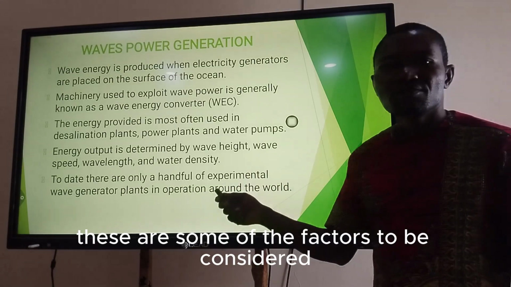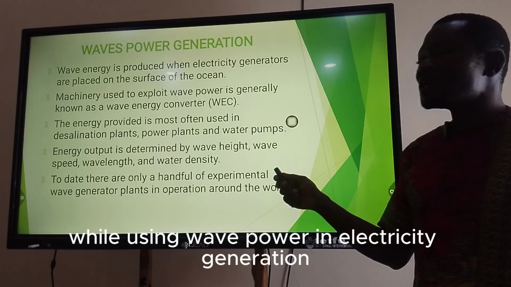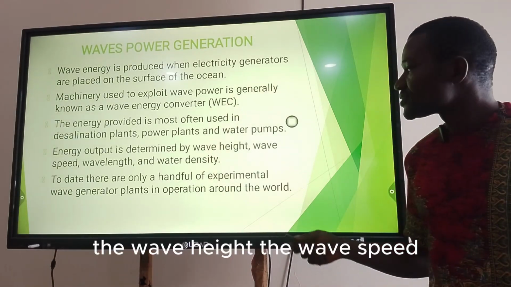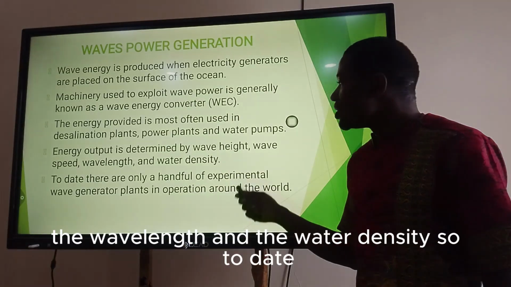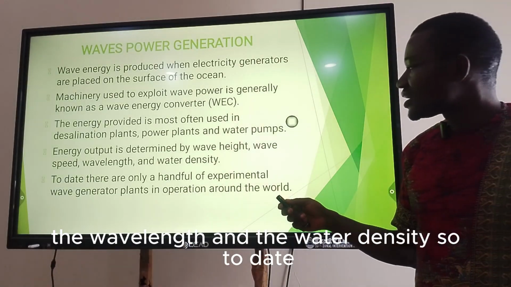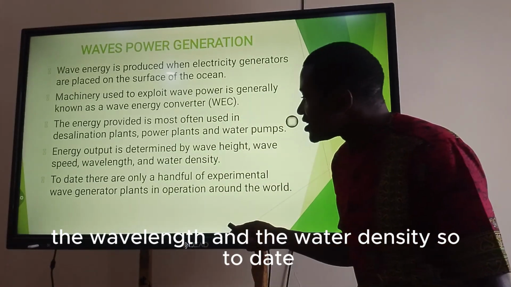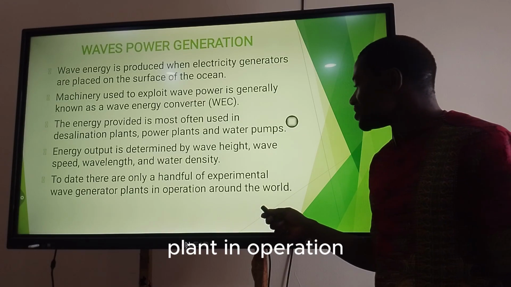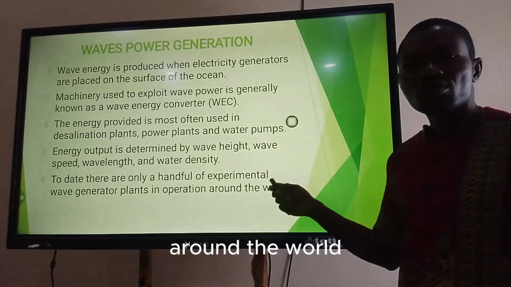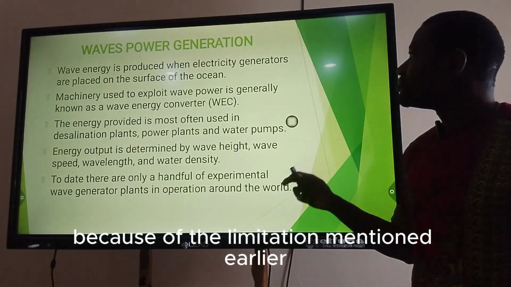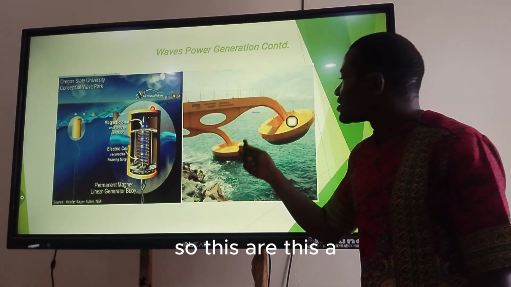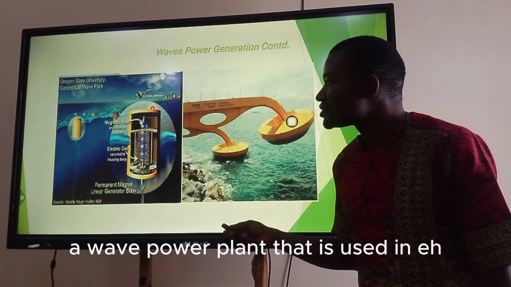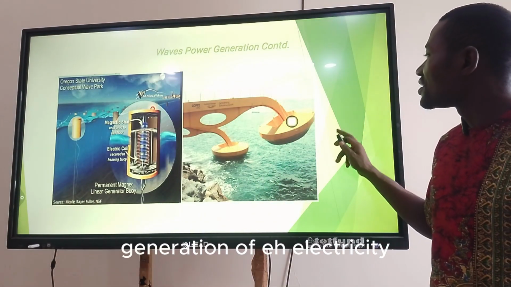These are some of the factors to be considered while using wave power in electricity generation: the wave height, the wave speed, the wavelength, and the water density. To date, there are only a handful of experimental wave generator plants in operation around the world because of the limitations mentioned earlier. So this is a wave power plant that is used in generation of electricity.